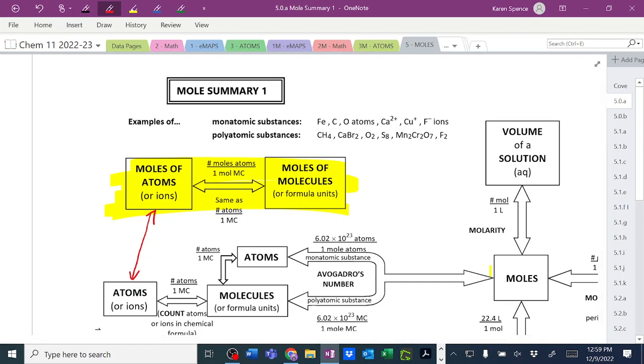What number do we use when we're going between moles of something and individual somethings? Whose number do we use? We use Avogadro's number. So we could go from moles of atoms to number of atoms using 1 mole per 6.02 times 10 to the 23 atoms. This is just on the first page of your workbook. Okay?